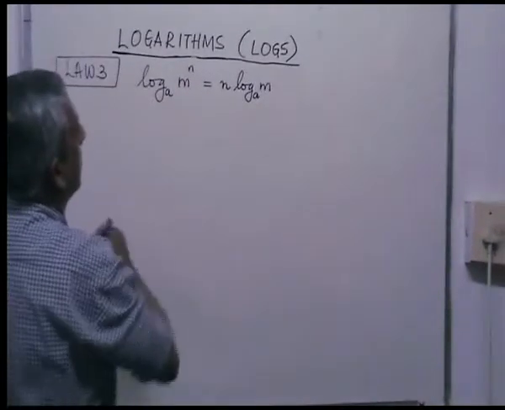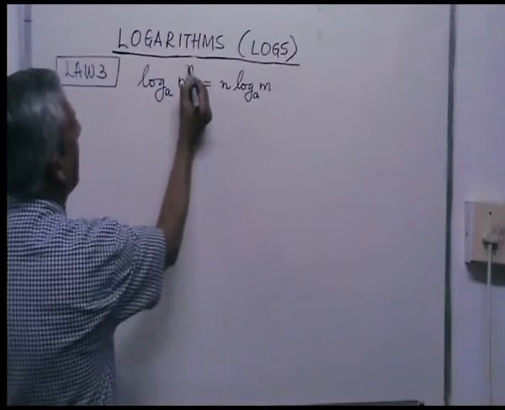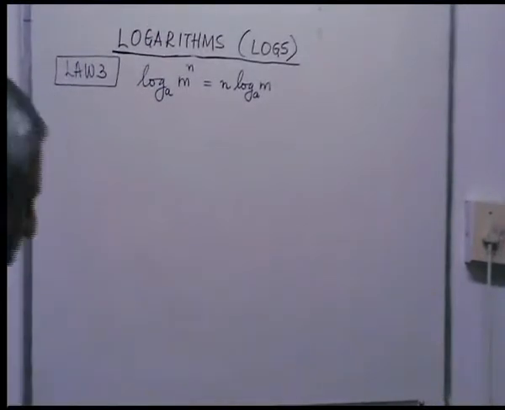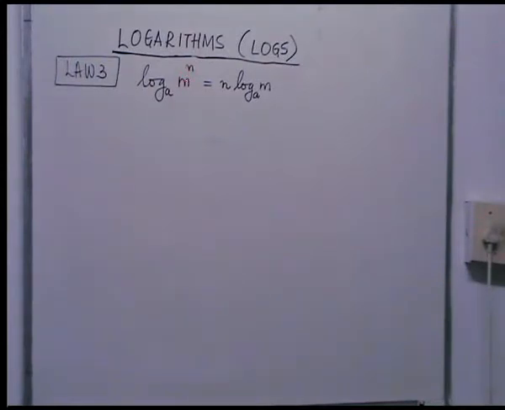See, there's n over here. n is the index. So what has happened? Let's watch. n is the index, m is the number, a is the base. The index has been brought to the front. Can you see there? The index has actually been brought to the front. That's why the n is written there now. So, that's law number 3.